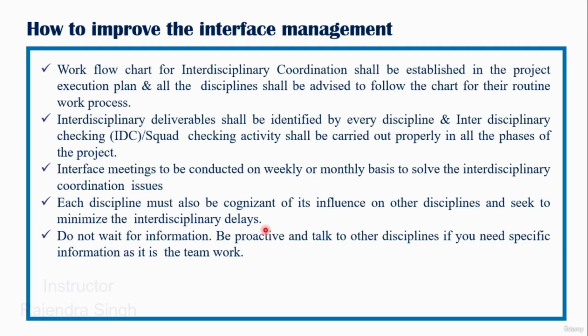The individual stakeholder has to be very much cognizant that any delay in providing the input for interdisciplinary coordination can lead to a delay in delivery and a subsequent delay in the other deliverables of the project. So he or she has to be very proactive in coordinating with the stakeholders of other departments in order to get the required input at the right time to avoid any delay.